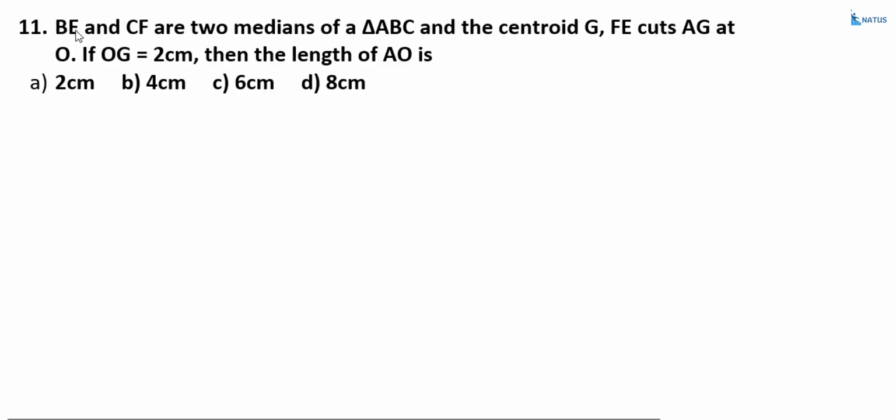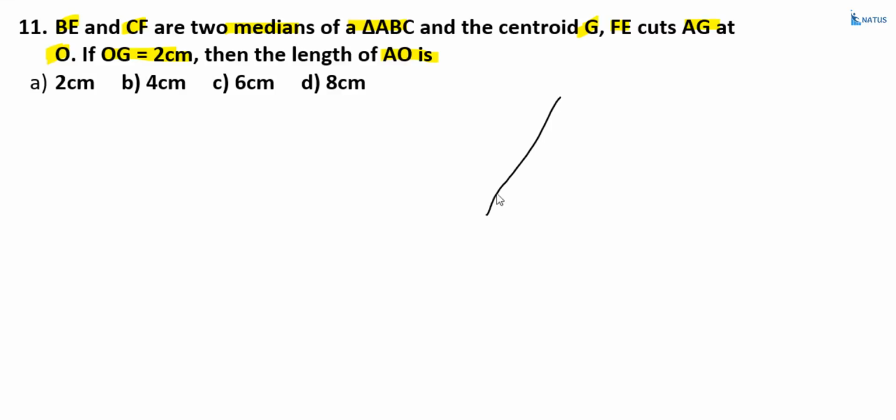Next, the 11th one. BE and CF are two medians of a triangle ABC, and the centroid is G. FE cuts AZ at O. If OG is equal to 2 centimeters, then the length of AO is? We don't know whether this is an equilateral triangle or not.